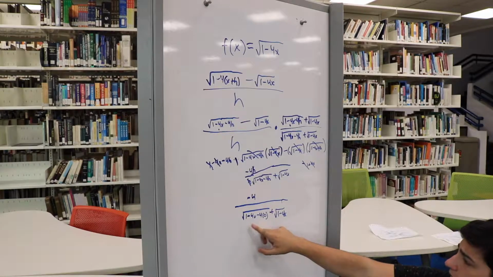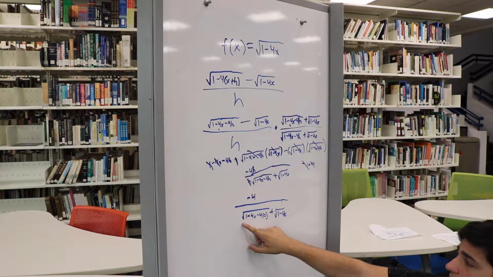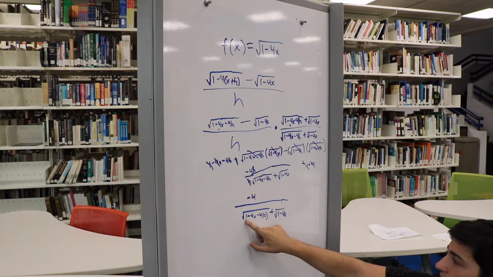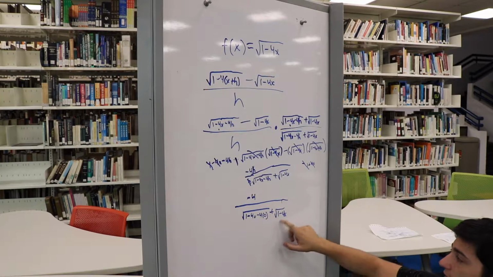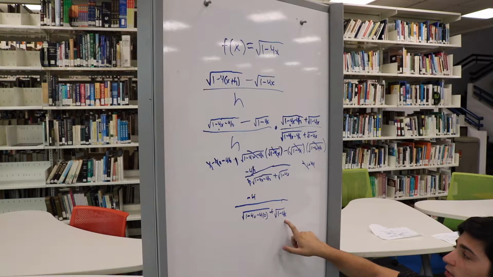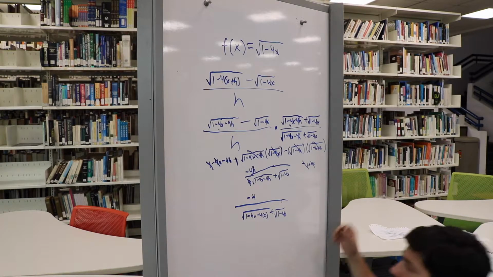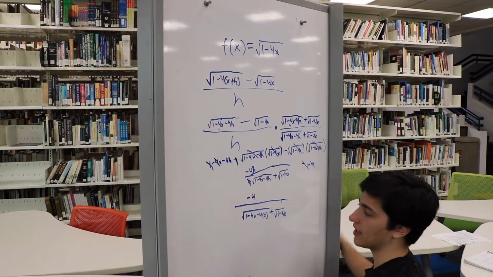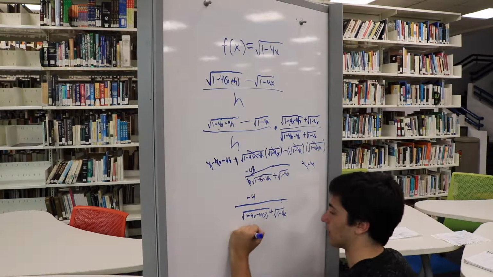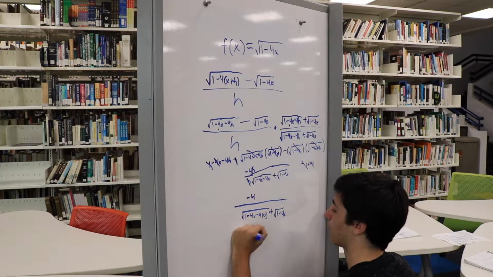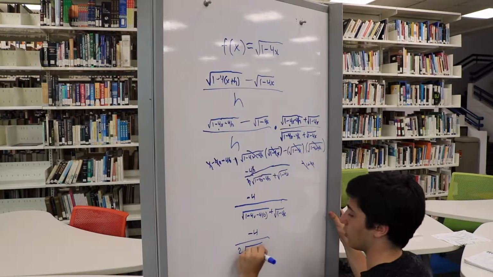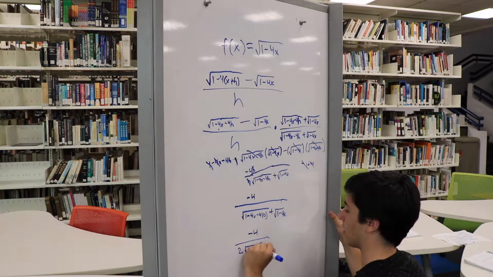We multiply it and we see that this square root is equal to 1 minus 4x, and this square root is equal to 1 minus 4x. So it's the same square root. If you have a plus sign here, you're saying that there's two of them. So the only thing we need to do is negative 4 on the top, over 2, because there's two of these, square root of 1 minus 4x.